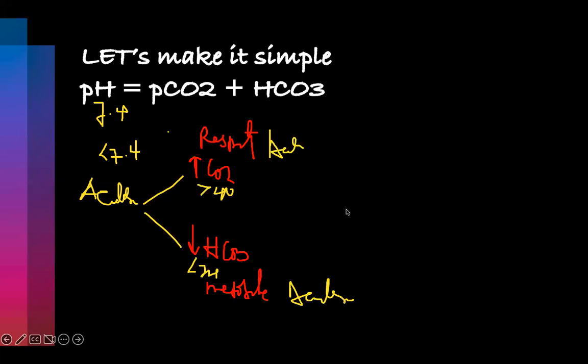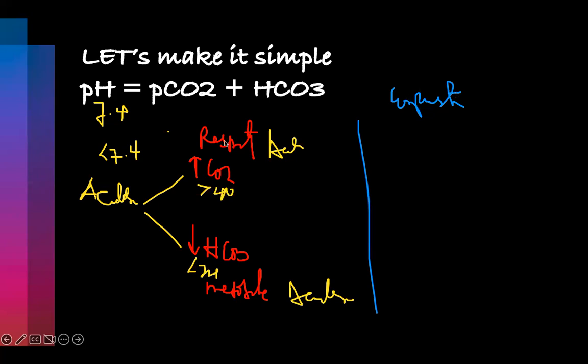Then when you solve that area, you got to go to compensation. This is where it gets some people. Compensation. You cannot leave the answer there. And the easiest way you should think about it is, if you have a respiratory problem, you fix it with a metabolic problem. If you have a metabolic problem, you fix it with a respiratory problem.